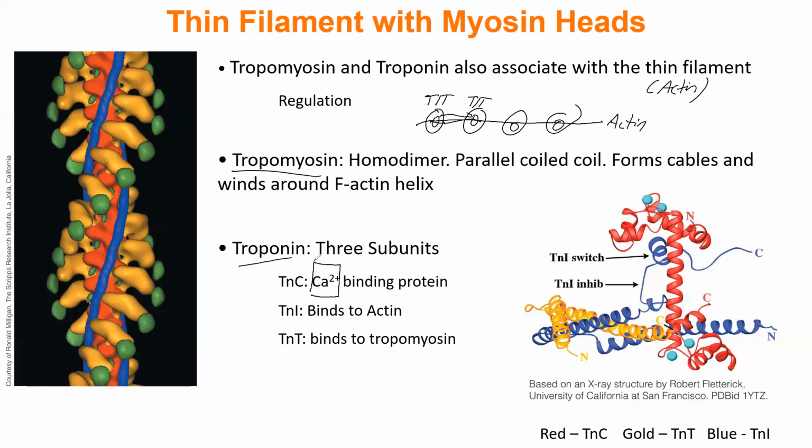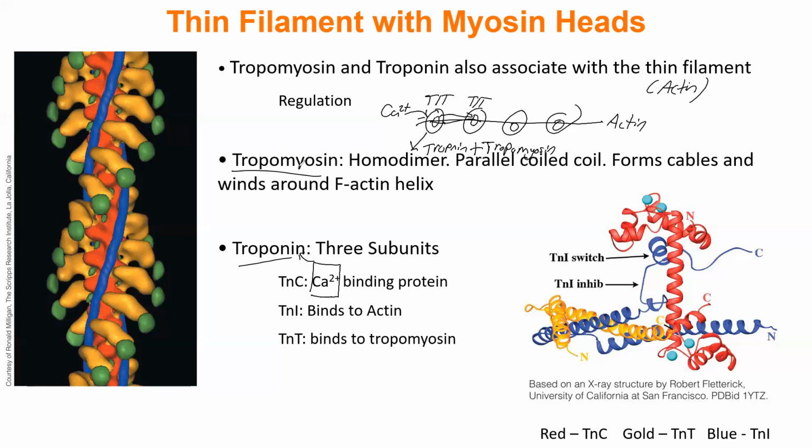So troponin binds calcium. And when troponin binds calcium, so let's say calcium comes in, that means troponin will be removed. So troponin will bind the calcium and just fall off actin after it binds. Once troponin is removed, tropomyosin also falls off.